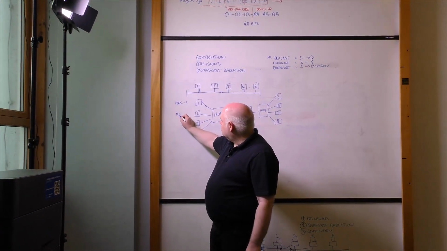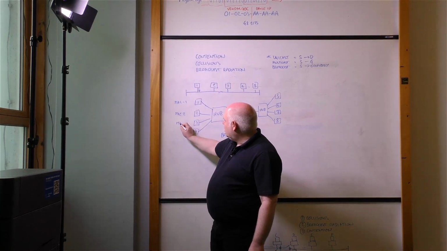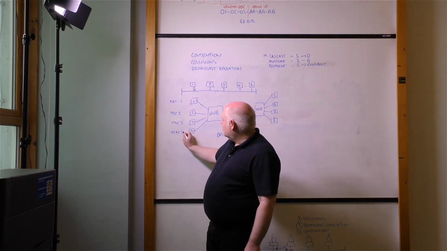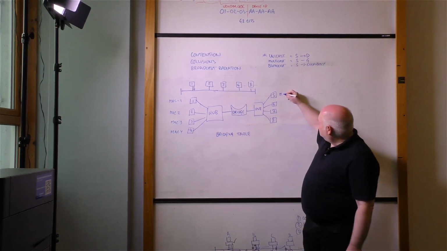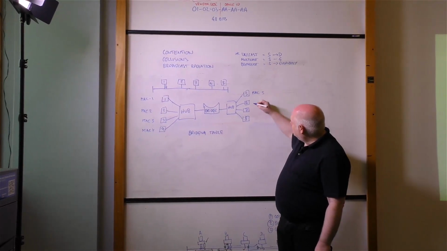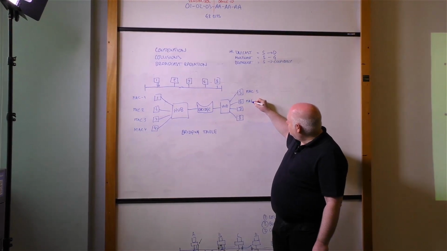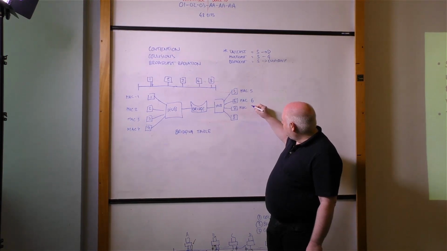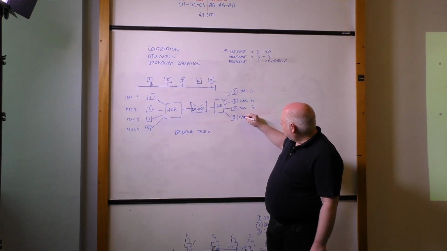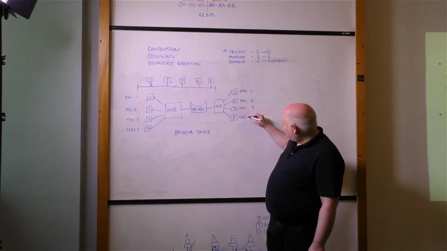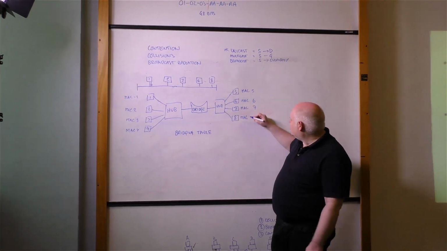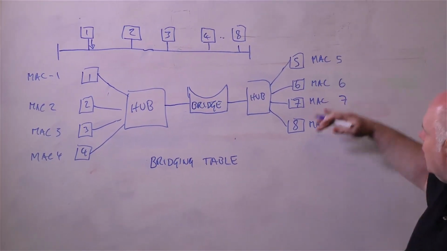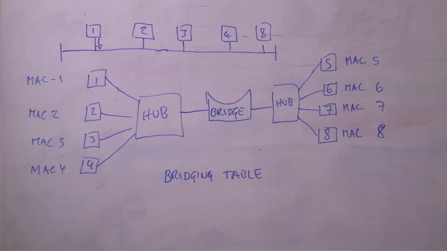MAC 2, MAC 3, MAC 4, MAC 5, MAC 6, MAC 7. If I put an H on the end of this, it could get to Australia in like 4 hours. MAC 8. Okay, so they all have individual MAC addresses.